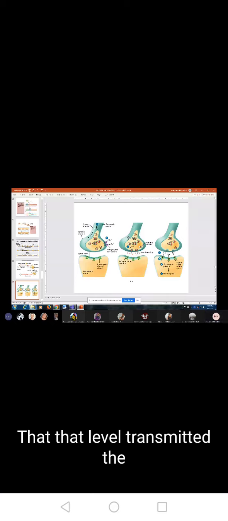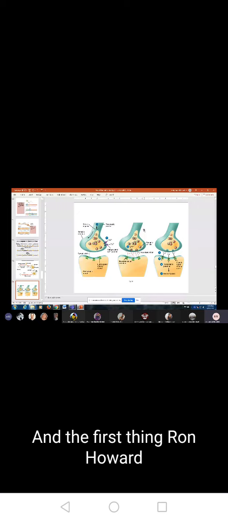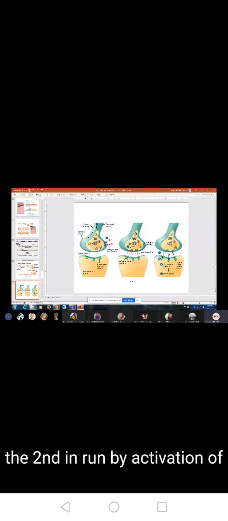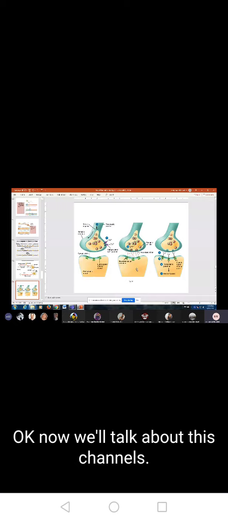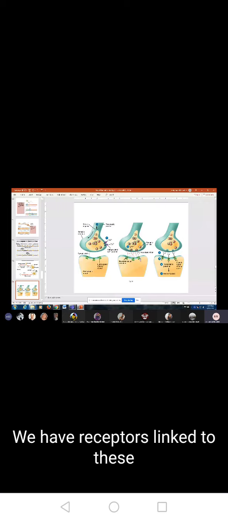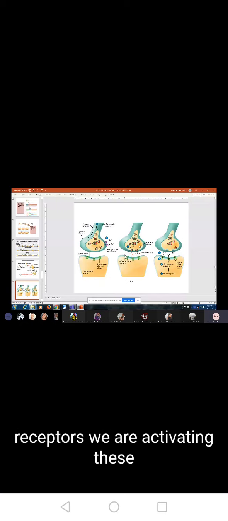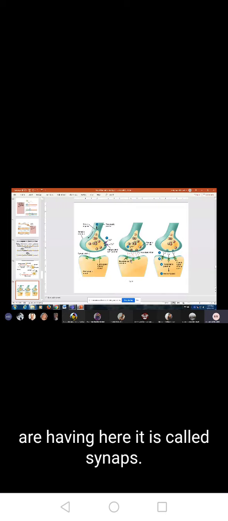Okay, so in that way, at that level, we have transmitted the electrical activity that happens here in the first neuron toward the second neuron by activation of channels. Okay. Now we'll talk about these channels. We have receptors linked to these channels, and by activation of these receptors, we activate these channels. So the whole structure that we have here is called synapse.